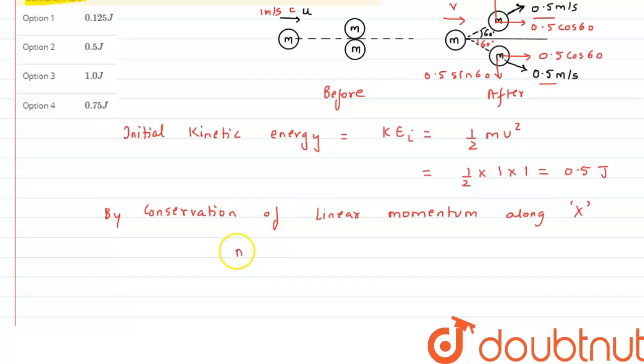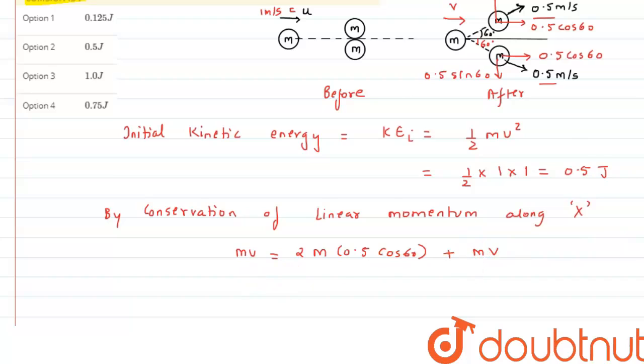Initial momentum can be written as m u, and after collision along the x-axis it will become m into 0.5 cos 60, as both balls have the same speed along x-axis, so we multiply it with 2, plus momentum for the first body, m v.